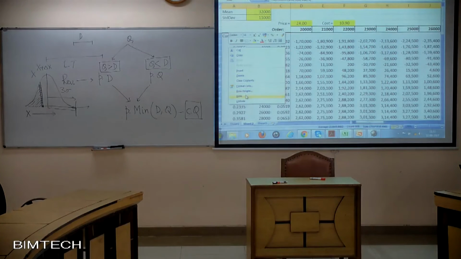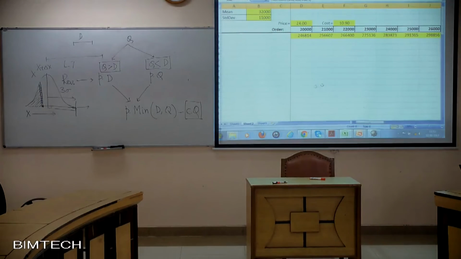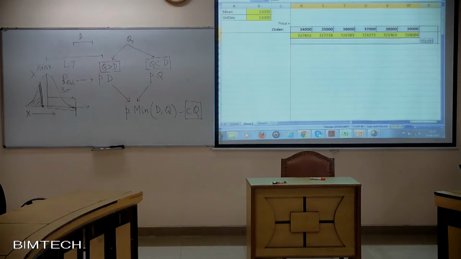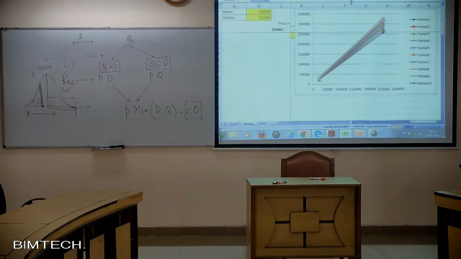I'm going to hide all the rows so that we only have the order quantity and the respective profit figures, and if I were to do a scatter plot, perhaps, let me try this out. Insert a scatter plot. Let me choose this one. I don't know what we will get.